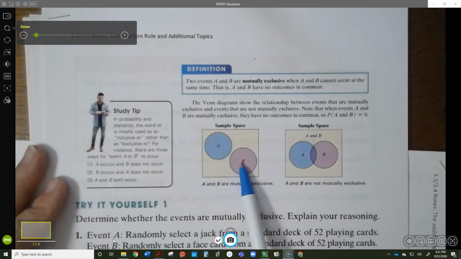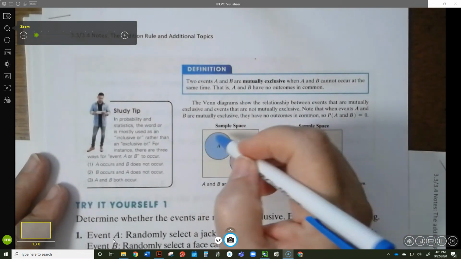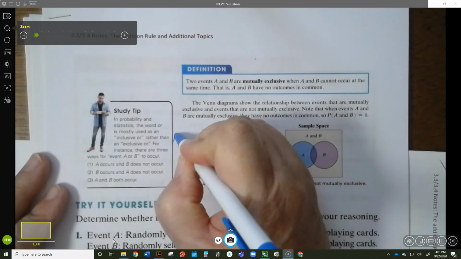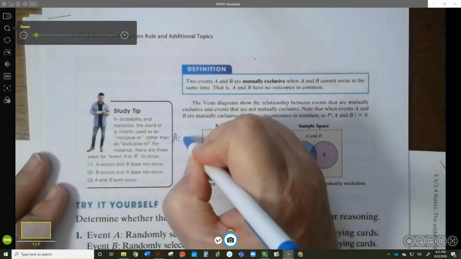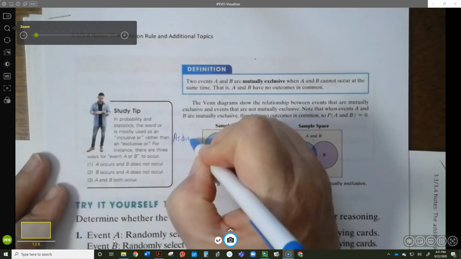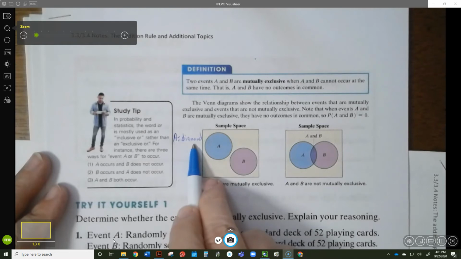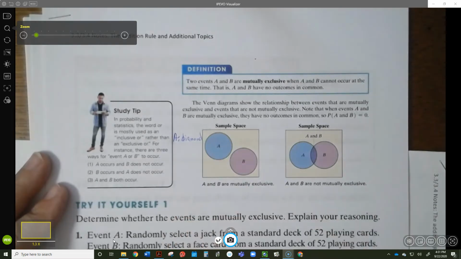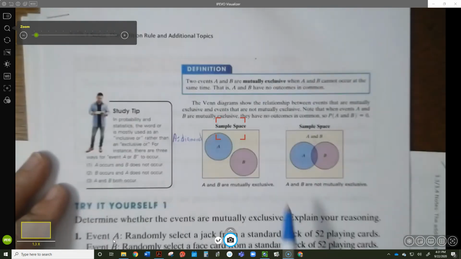For example, for this one right here, A is you are a diamond, and I'm talking about in a deck of cards.